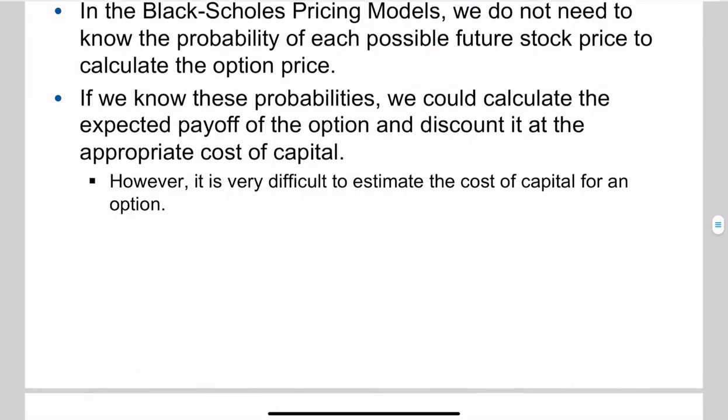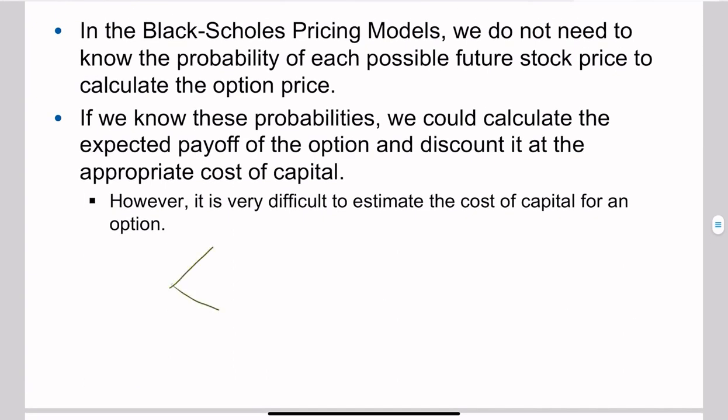Think about this. As I said, in the binomial model, we have a stock, its prices look like this. But let's say now I say with a probability of 70%, the stock price would be 60, and with a probability of 30%, the stock price would be 40.